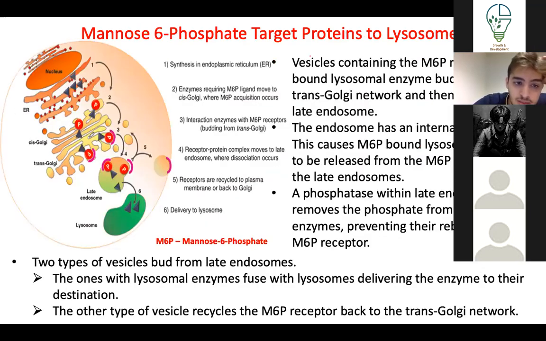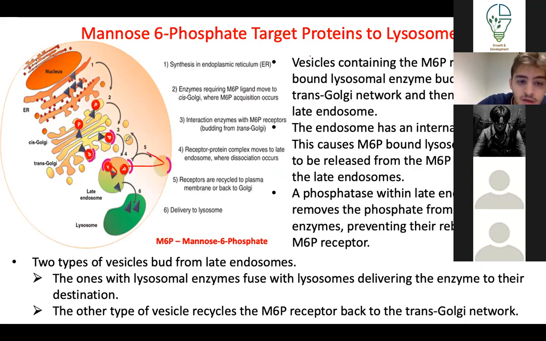This mannose 6-phosphate will get recognized by the mannose 6-phosphate receptor, which will cleave it and form an early endosome. I don't want you to focus on early or late endosome. Just know that it enters an endosome which has low pH. This low pH will separate the mannose 6-phosphate and the polypeptide away from the receptor.